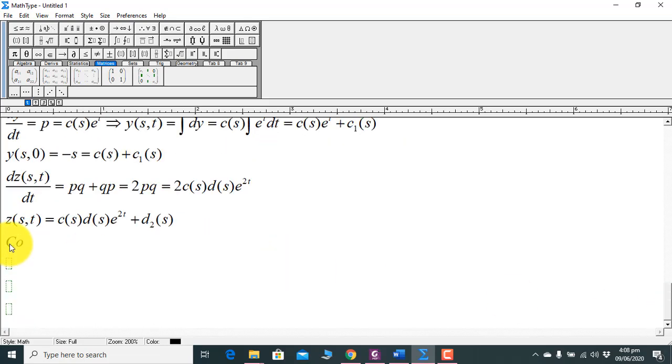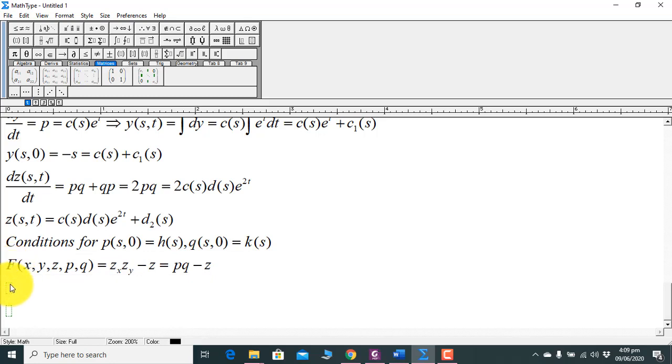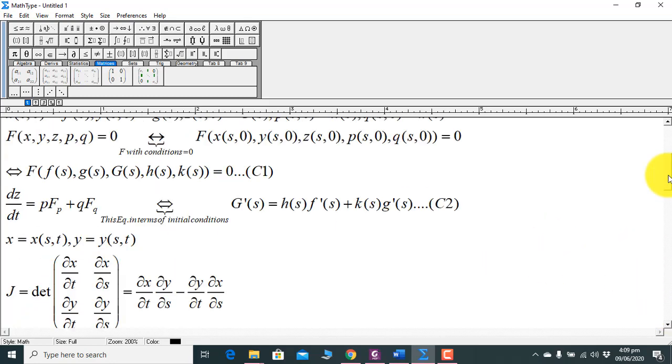So I am calculating now conditions for P of s comma 0 and Q of s comma 0. This has name Q of s and this has name H of s. Now put there the F condition, and F of conditions is 0. So how can you implement this on your question?